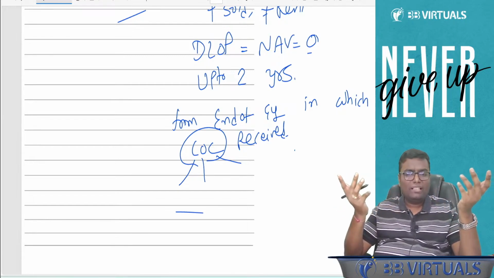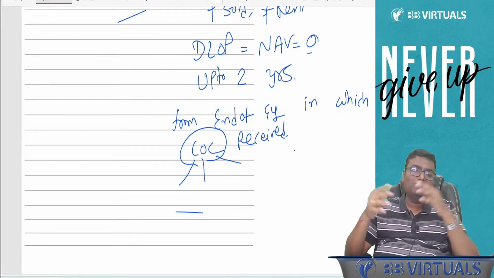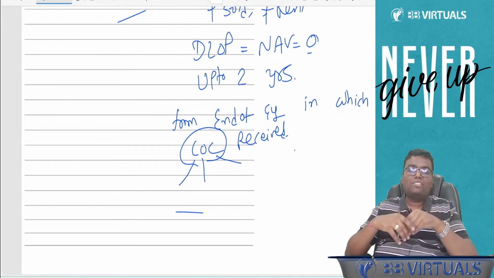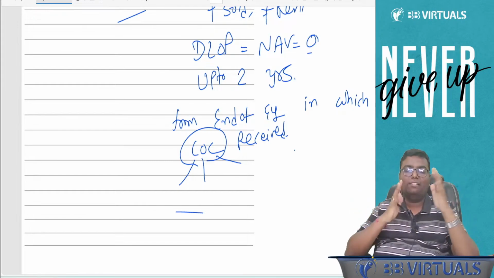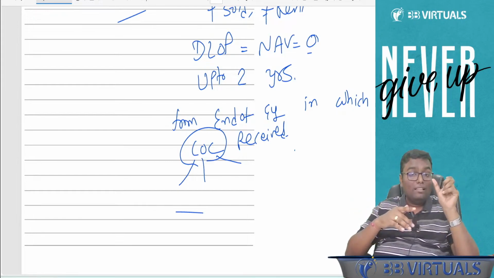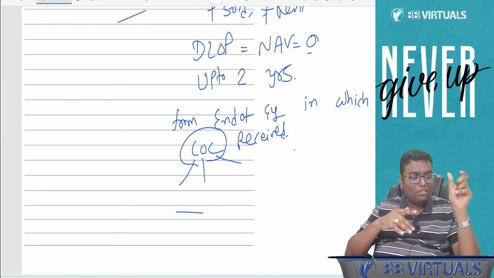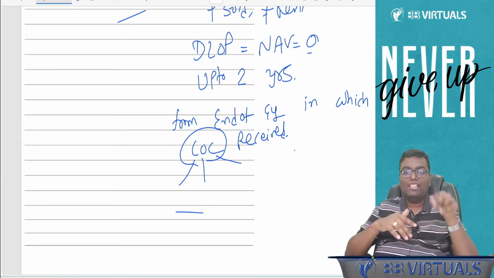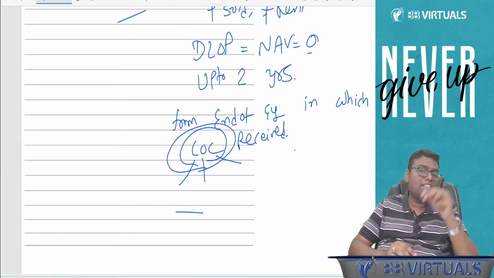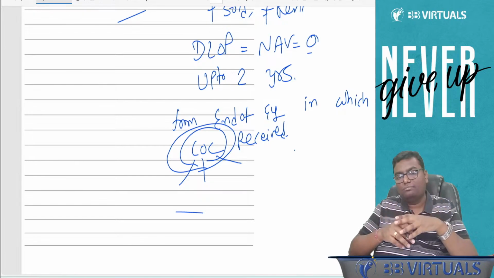In sophisticated English legal terms, certificate of completion. Once that certificate is received, then only I can tell the people to come in this house and stay. So this net annual value zero benefit is available up to 2 years from the end of the financial year in which the certificate of completion is received from the competent authority.